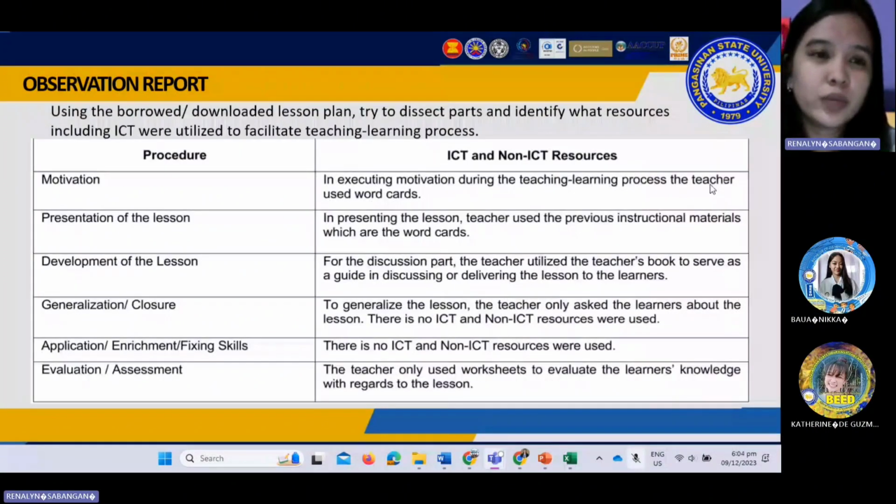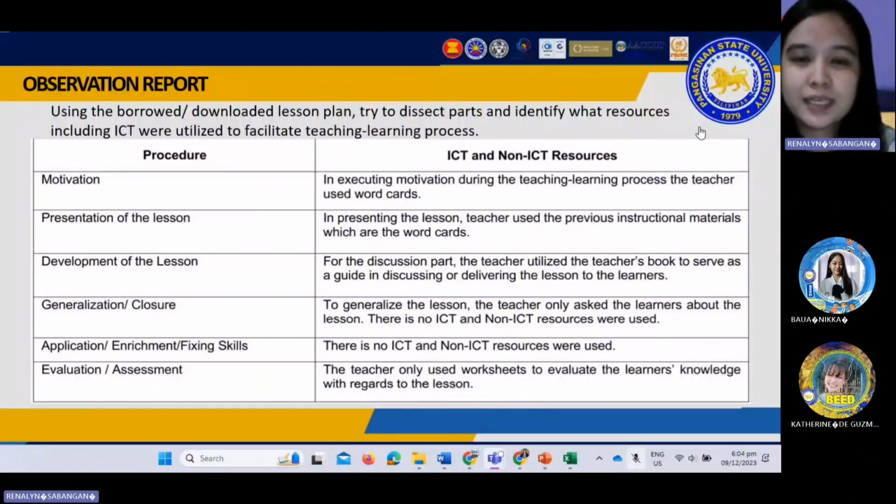So at this part, we have the borrowed or downloaded lesson plan. Try to dissect parts and identify what resources, including ICT, were utilized to facilitate the teaching learning process. So we have two columns wherein the first column is procedure and the second one is the ICT and the non-ICT resources.